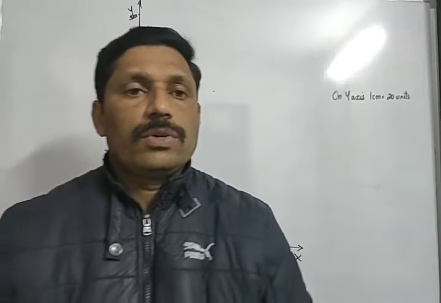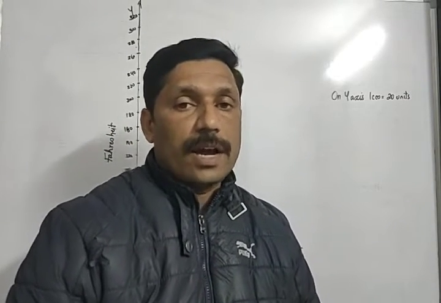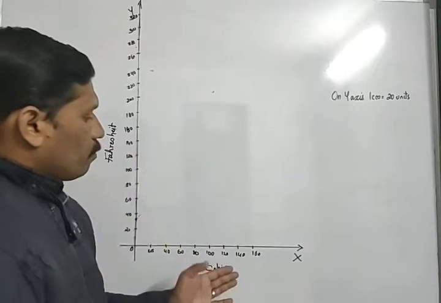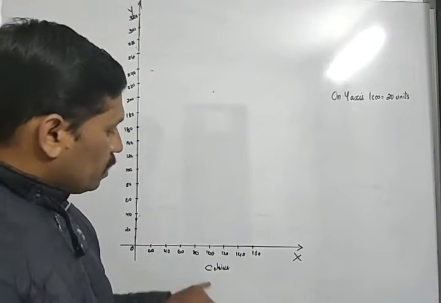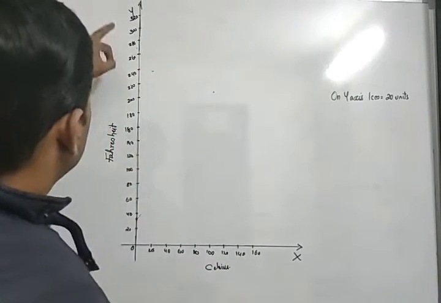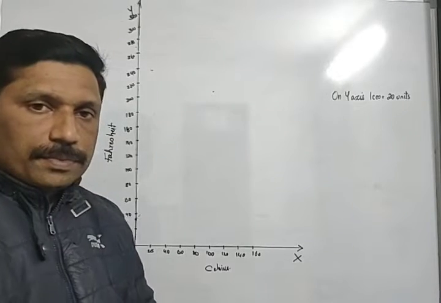So that's the question. In order to draw the graph of the relationship between the Fahrenheit and Celsius scales, on the x-axis we have taken Celsius and on the y-axis we have taken Fahrenheit.